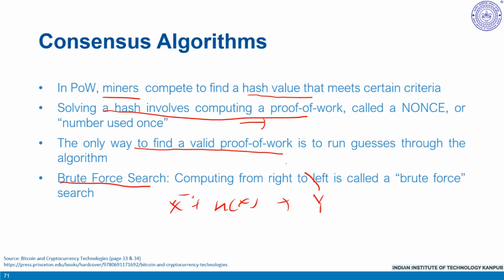So you compute x using y, which was computed with the hash function. Computing in this direction, from y to x, is called brute force search, using trial and error to find a message that fits the hash value and see if it produces a match. So you try to find the message x which produces this hash value y using trial and error.